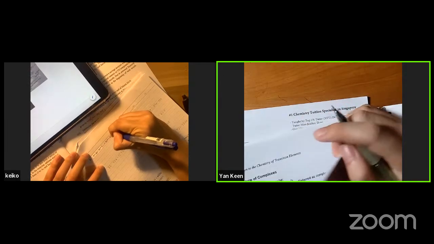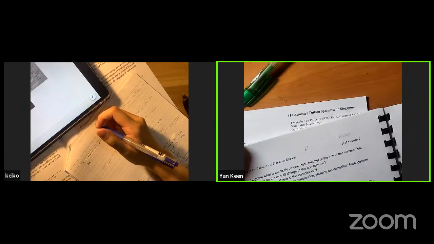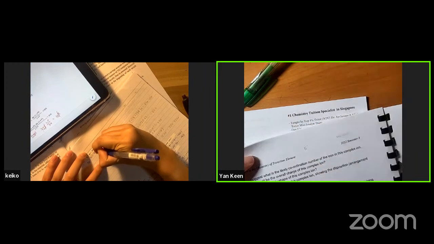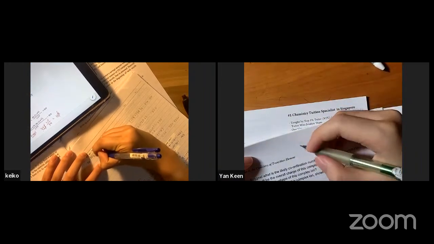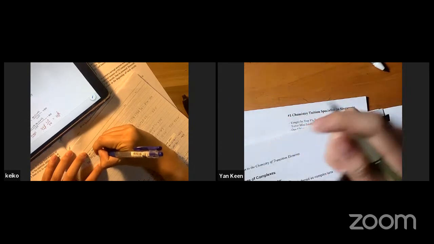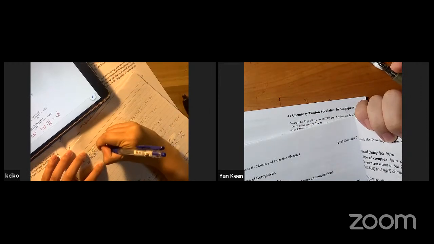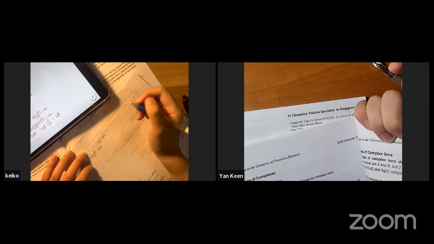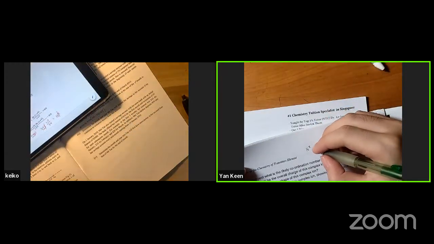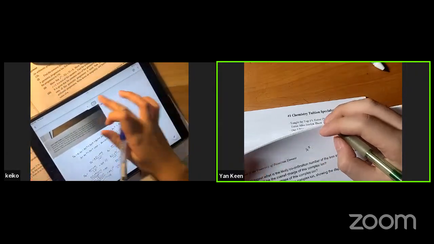Oh, I need to write the Roman numerals. Overall charge.